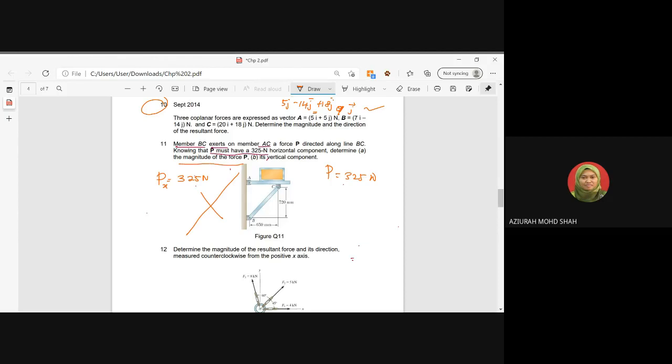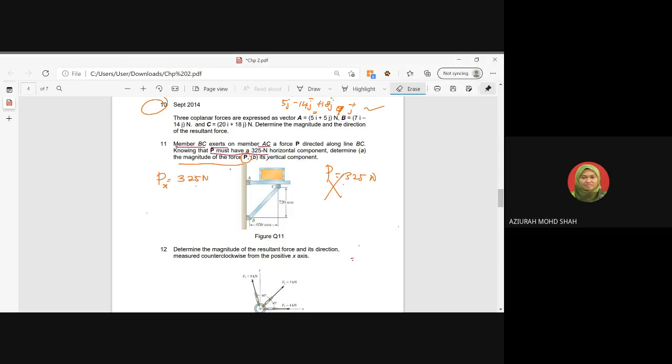So why we need to calculate, kalau dah bagi resultant? Sebab soalan A, dia nak suruh cari resultant ni P ni. Kenapa pula kalau dah bagi? So this is not P. It should be Px, because it's clearly stated this is the horizontal component. Cuma dia tak tulis Px sebab dia dah bagi perkataan horizontal component ni.